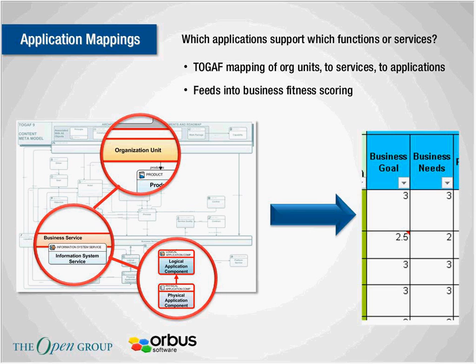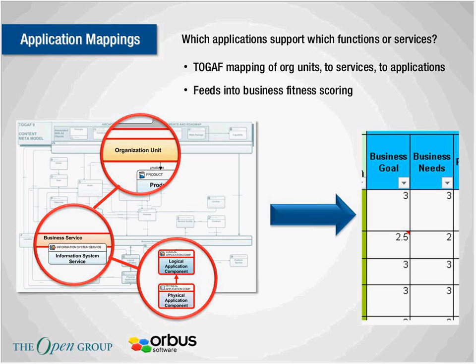And the content model that we discussed earlier provides a preset set of relevant types, of mapping types, allowing you to map through. So the organizational units are supported by business services via functions and so on.